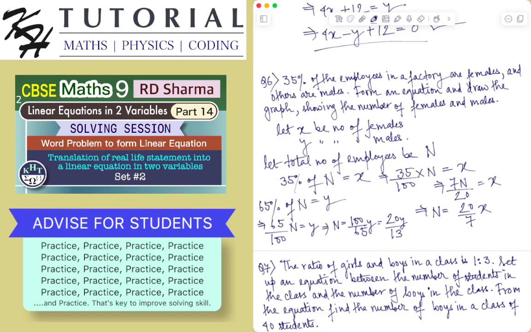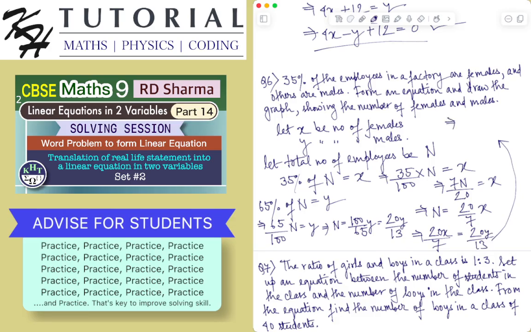So once we get N equals 20x by 7, we also get N equals 20y by 13. So this implies we can say 20x by 7 should be equal to 20y by 13.